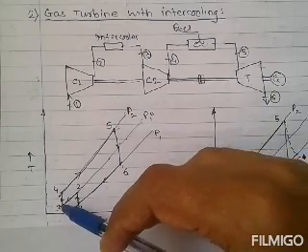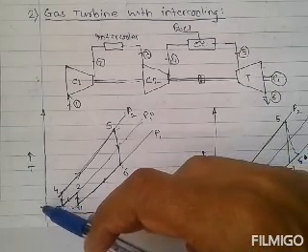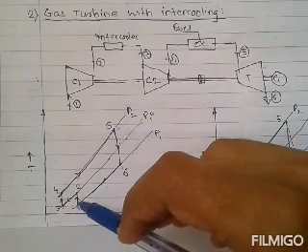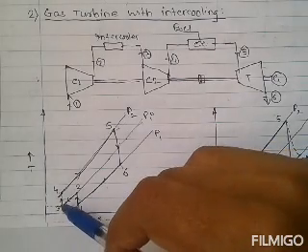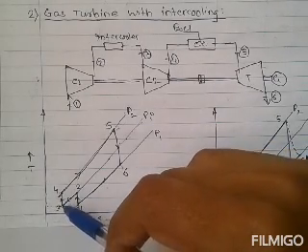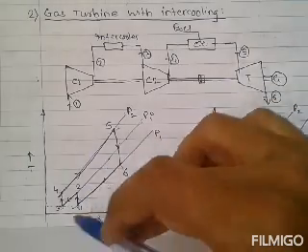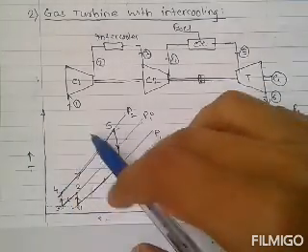So if the word perfect intercooling is there in a numerical, we have to assume the temperature of the third point is equal to the temperature of the first point.